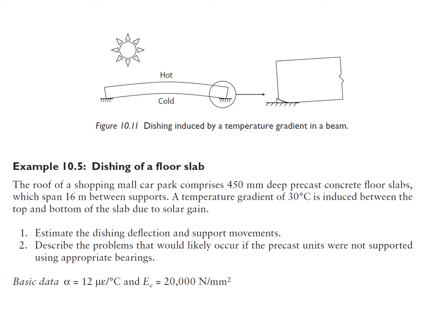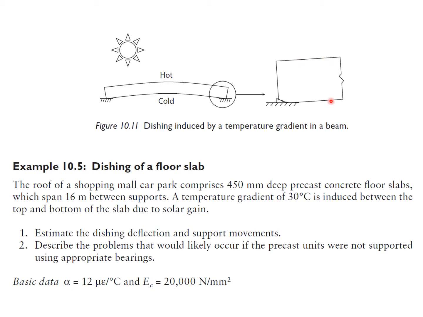This worked example is based on a case study taken from a shopping mall that was built not too far away from where I live. The shopping mall had to be closed shortly after opening because of solar induced movements. So we've got some precast concrete units that are going to heat up, and the top part of the section is going to expand.